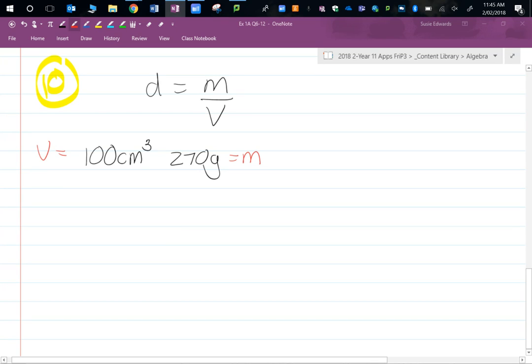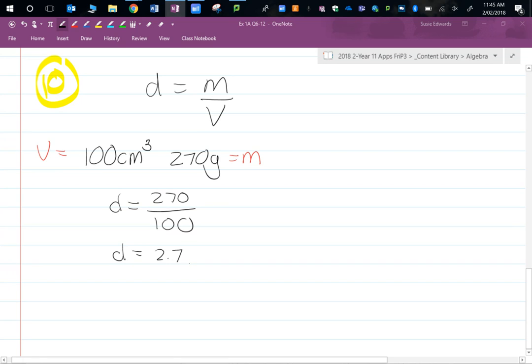Once we've defined that, and you can put it in your question so you know what you're doing, the question becomes quite easy. To find the density, we say D equals 270 over 100. So our density is 2.7. What measurement was the mass in?